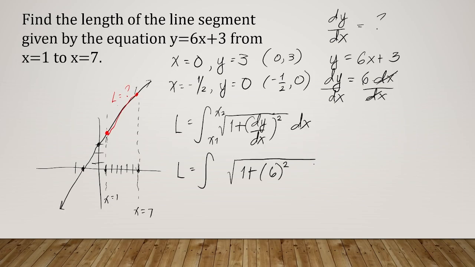That is 6 squared dx mula saan? Mula 1 papuntang 7. Length is integral of square root of 1 plus 6 squared, which is 36. Therefore, this is square root of 37 dx from 1 to 7. Okay.